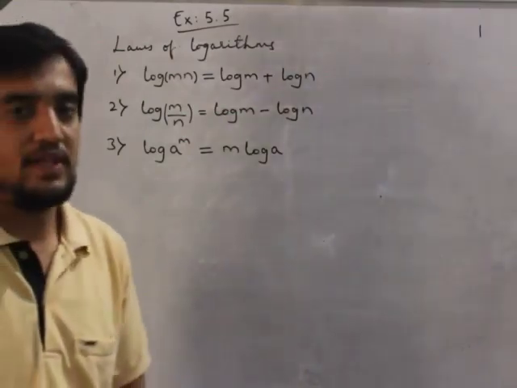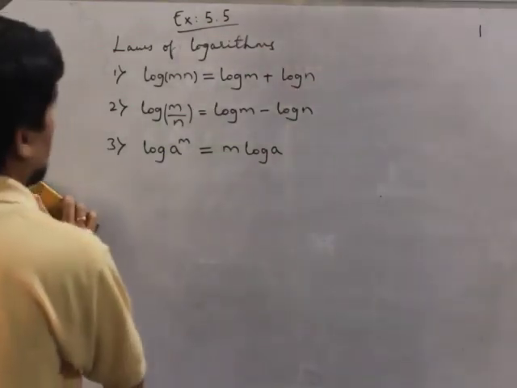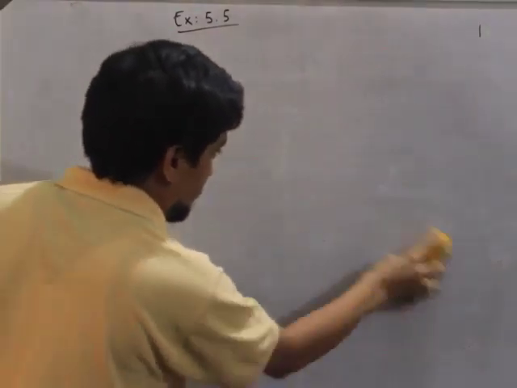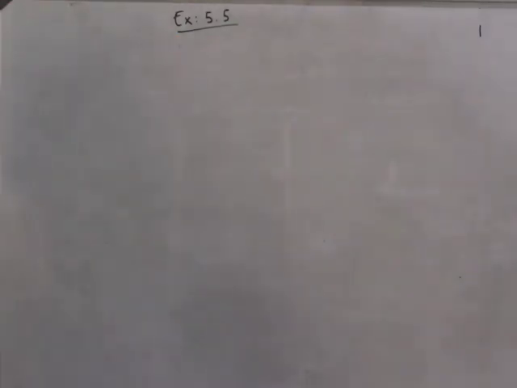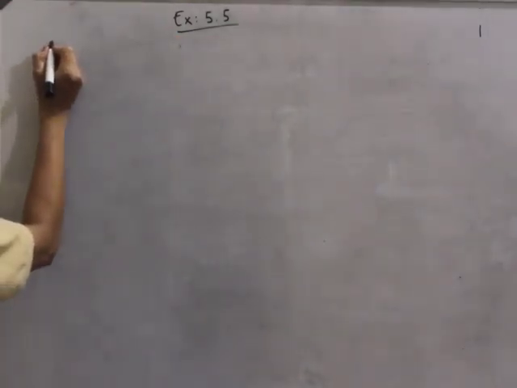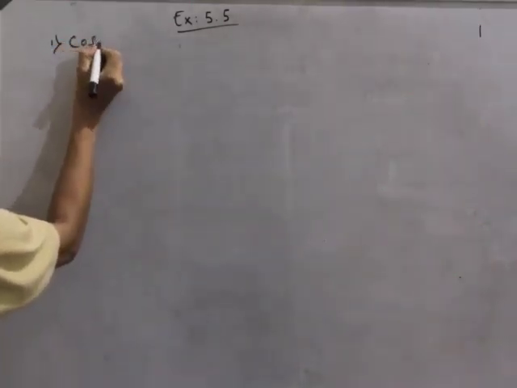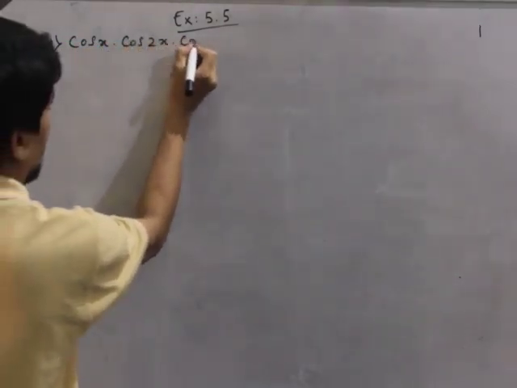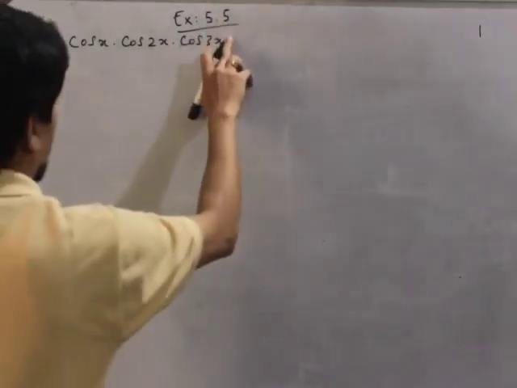Alright then, so let us begin the exercise with the first question. The first question is, differentiate with respect to x: cos x into cos 2x into cos 3x.